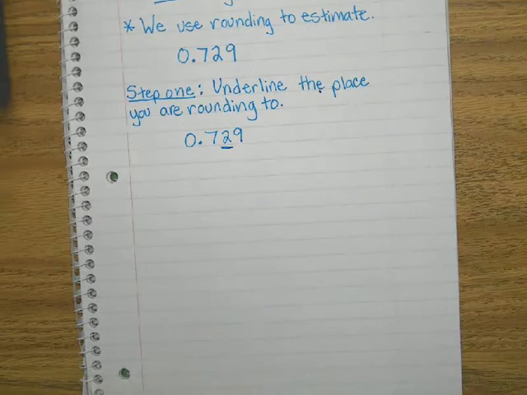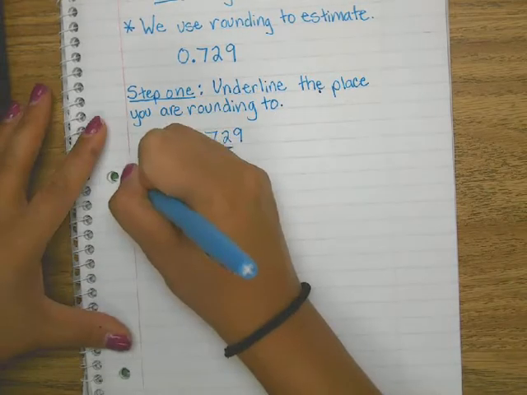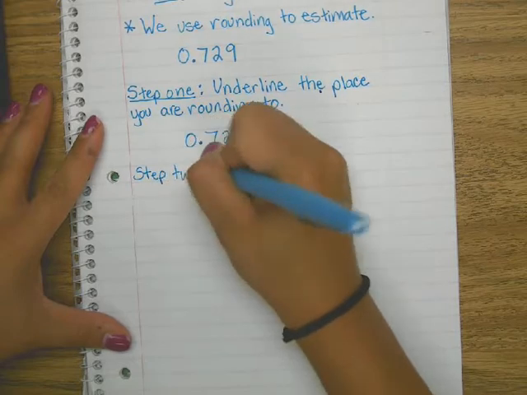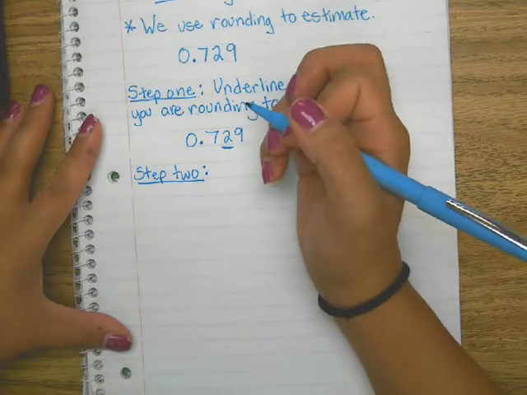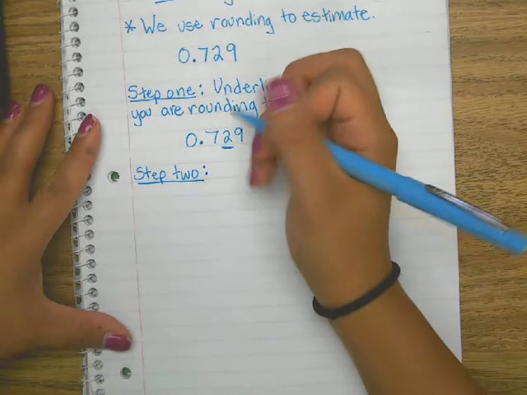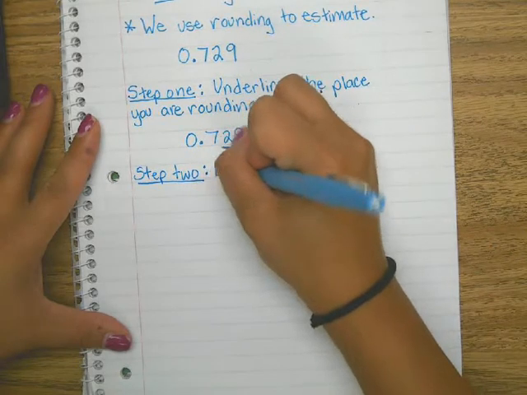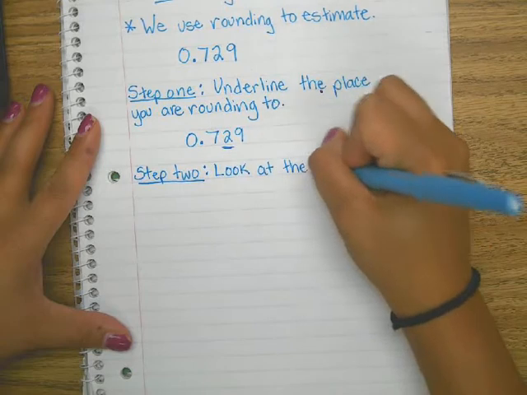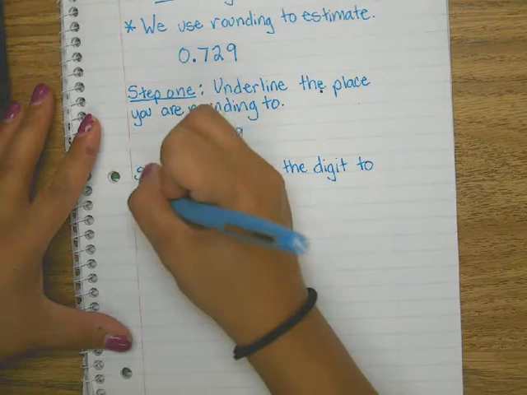All right. So then we're going to write down step 2. So step 2, look at the digit to its right. Draw an arrow. Do you remember which way's right?